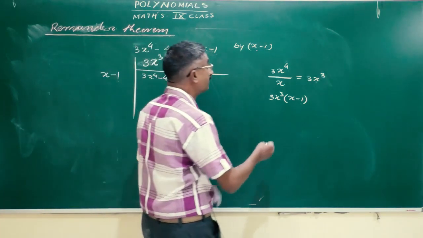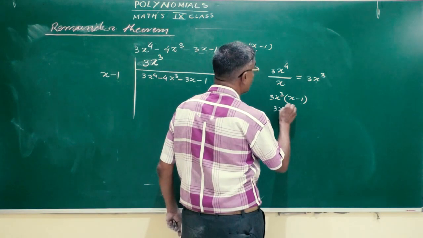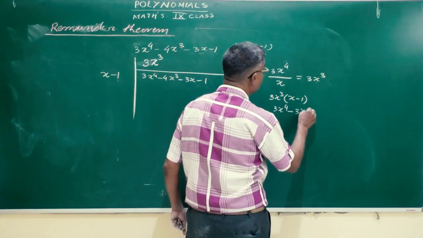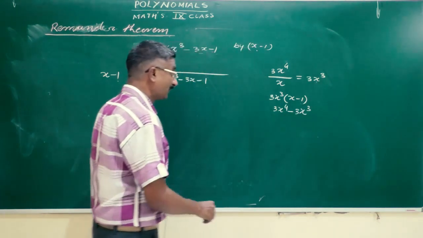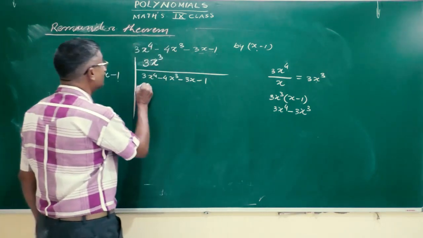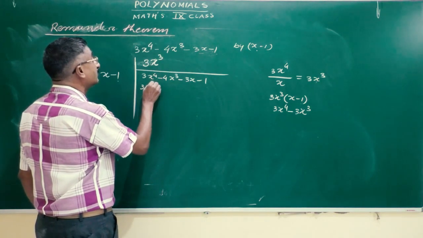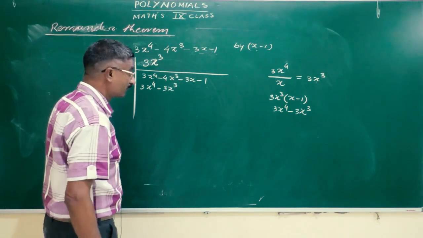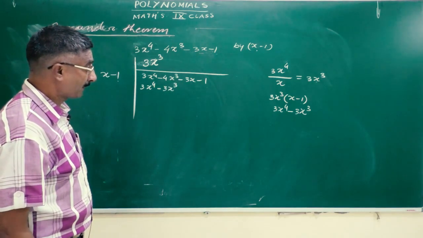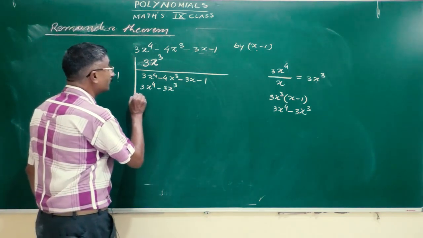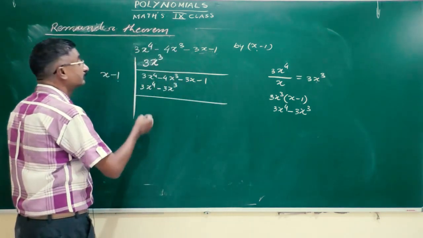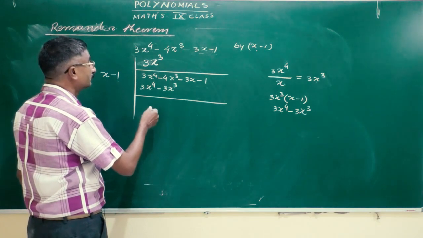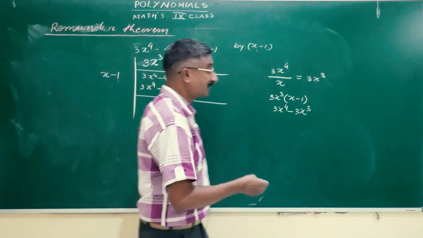So this becomes 3x raised to the power 4 minus 3x cube. Okay, I have to check whether the equation written is correct or not.